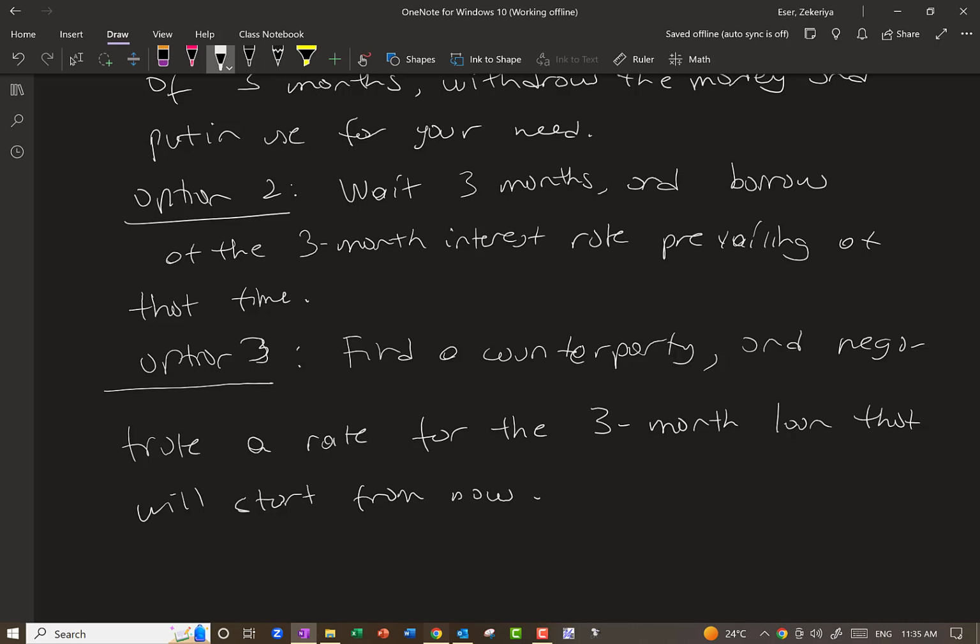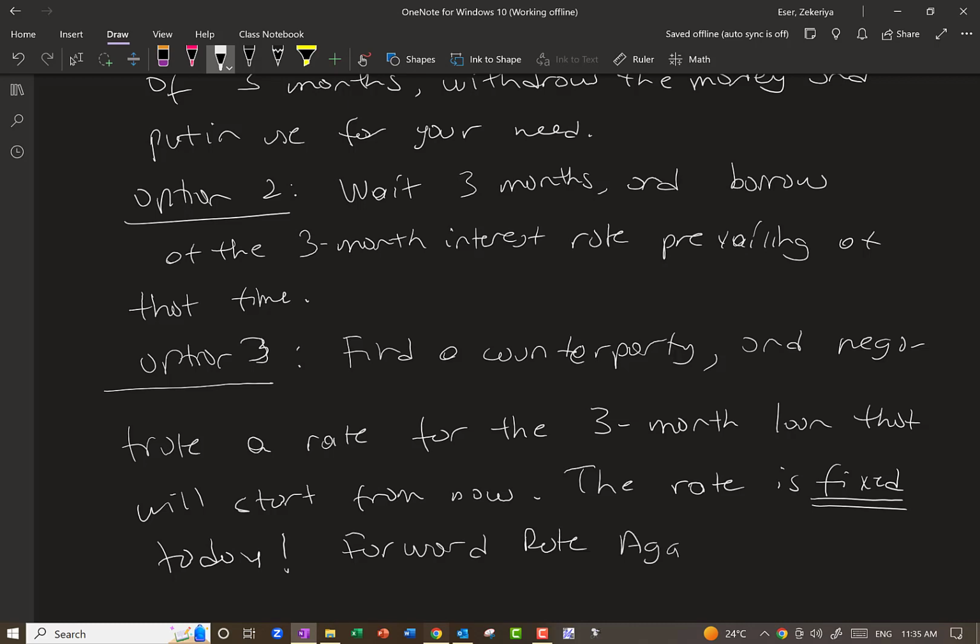This is called a forward rate agreement. We agree on a rate for a loan that's going to start some time in the future. The only issue is, how do we know what that rate should be? The bank is going to tell you a number. Whether or not that's a good number, we don't know yet.